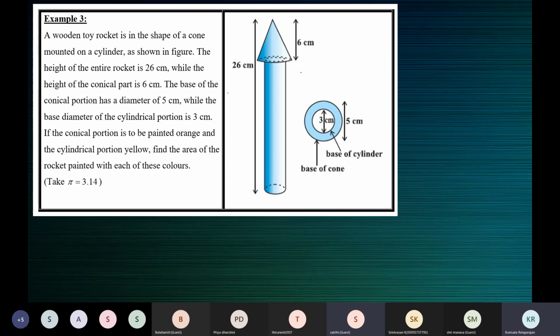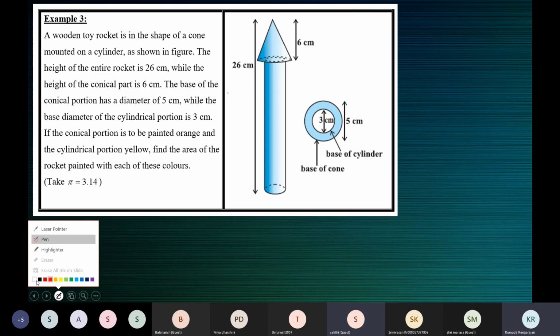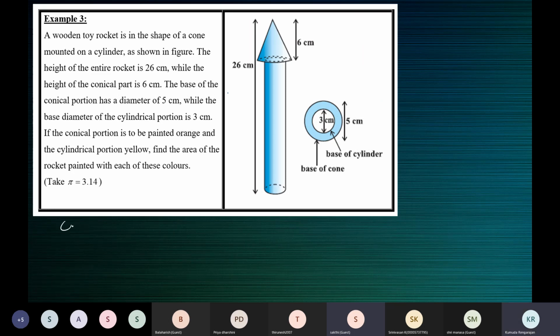Now, the three things we see here are cylinder, cone, and ring. What is the radius of the cylinder, children? 3 by 2, 1.5 centimeters.